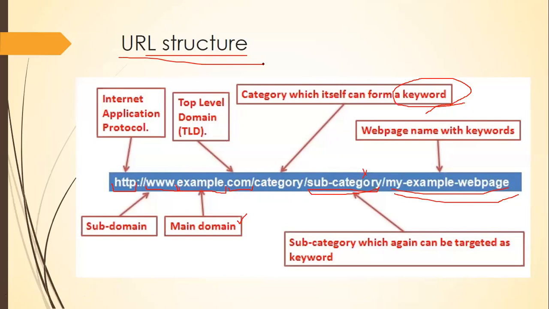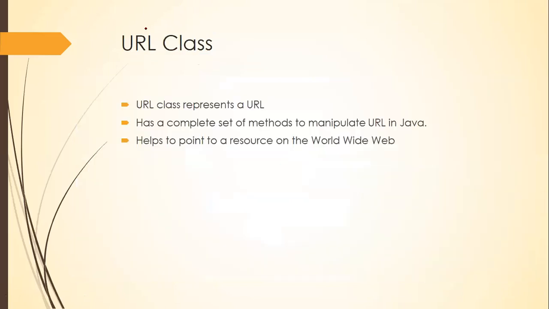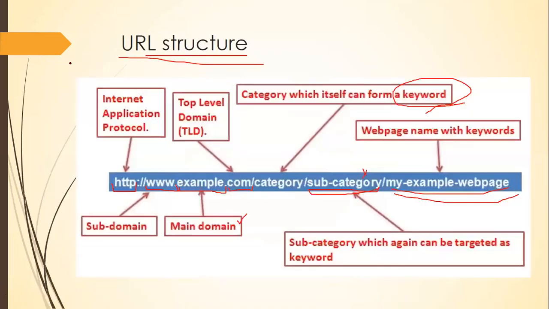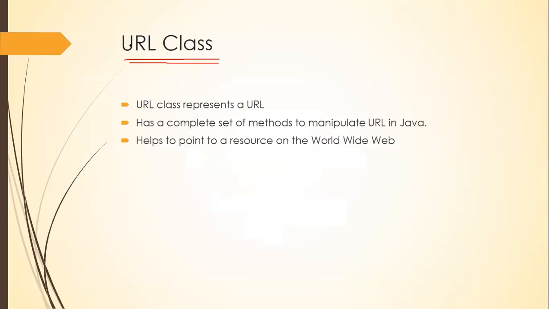In Java, we have something called a URL class. Now, why do we have a URL class? Anyway, you have a URL, and to get all the properties, or I can say all the metadata, of this particular URL, you have the URL class.